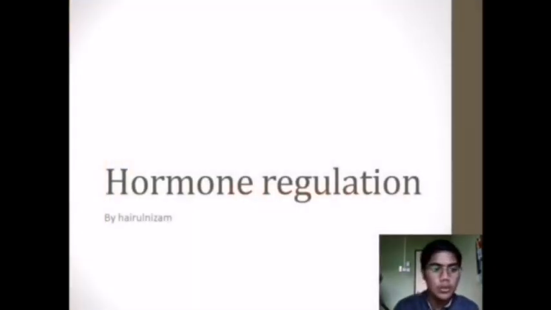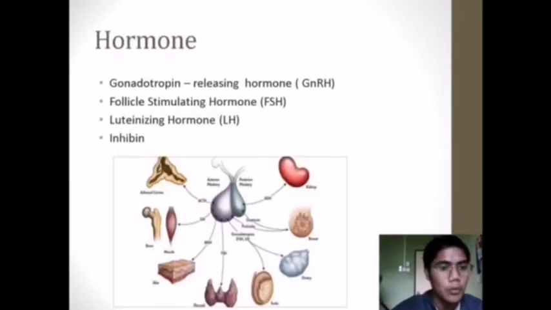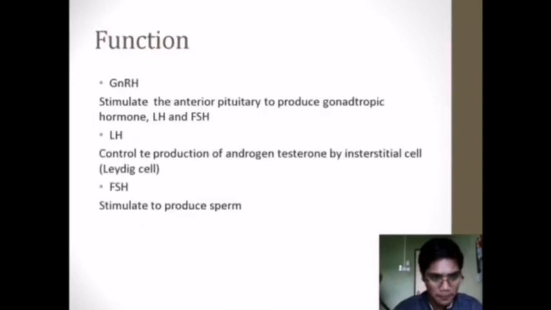Okay, we continue to the next topic, which is hormone regulation. In this topic, we need to know four hormones: gonadotropin releasing hormone, known as GnRH, follicle stimulating hormone FSH, luteinizing hormone LH, and inhibin. The function of the hormones: GnRH stimulates the anterior pituitary to produce the gonadotropic hormones LH and FSH.